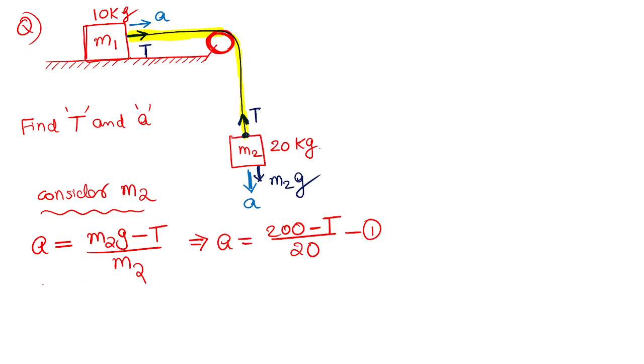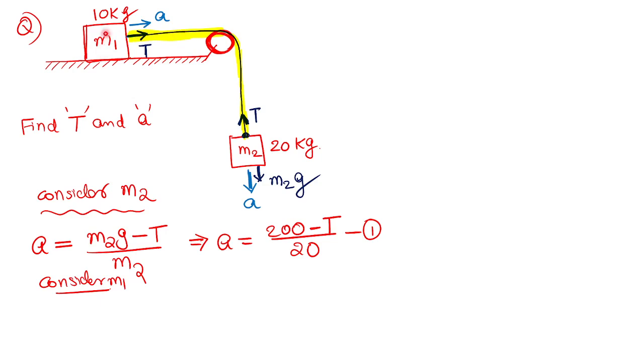Then consider M1. Here the weight does not have any role. Understood? What is the force? I will explain. What is the motion of M1? Motion of M1 is towards right.